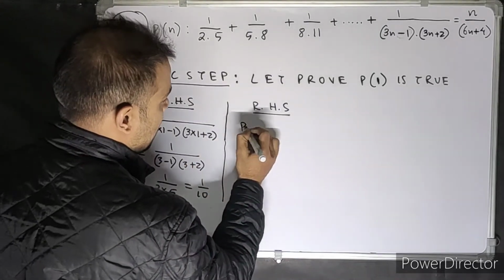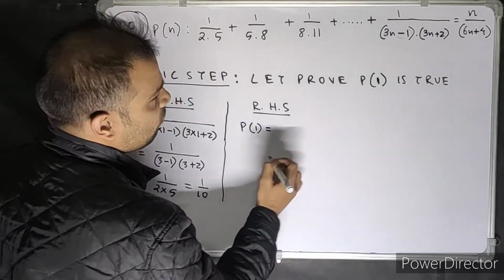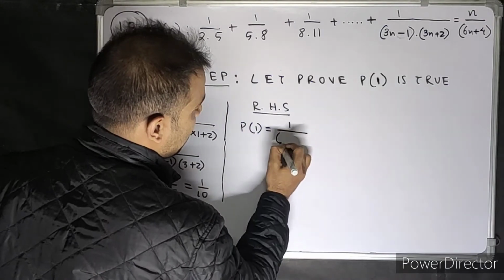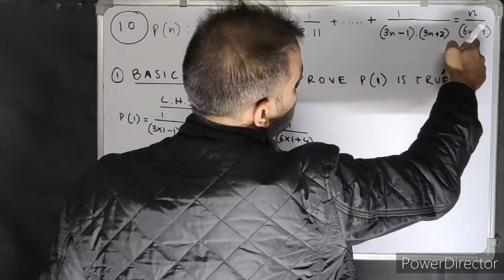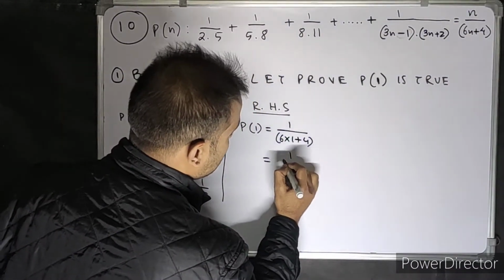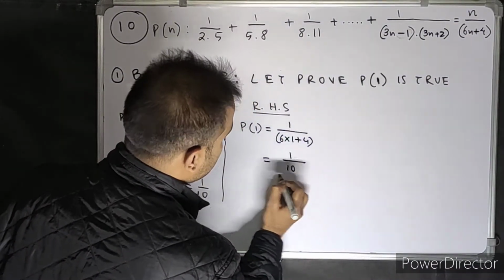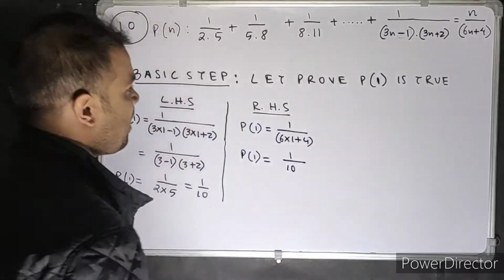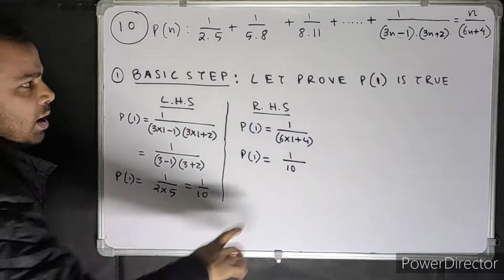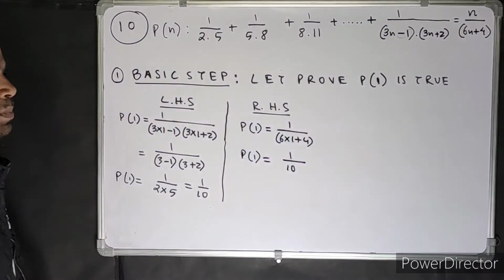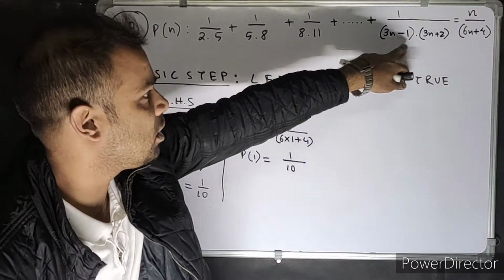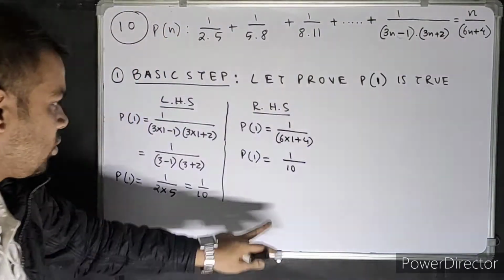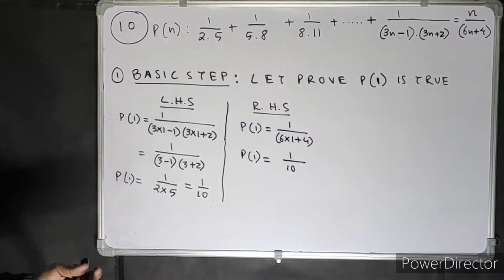Now let's go on to the right hand side. P of 1 is 1 divided by 6 into 1 plus 4. See, put 1 here. So that is 1 divided by 10. So this is my first step. What did I do? I proved that P of 1 is true. On the left hand side, when you put 1 here, and on that side also, both ways we are getting 1 by 10.